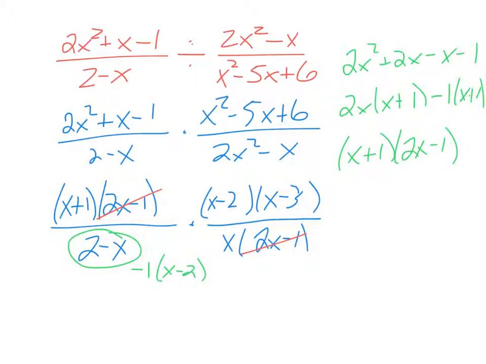But look out for those kinds of things. And so then what else can cancel? But not the negative 1. Okay, so then what's the final thing here? Plus 1 times x minus 3 over negative 1 times x. Is that okay with everybody? All right.